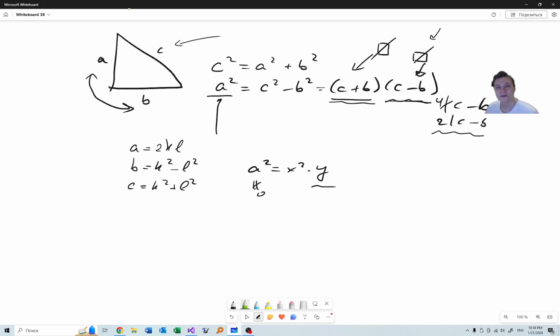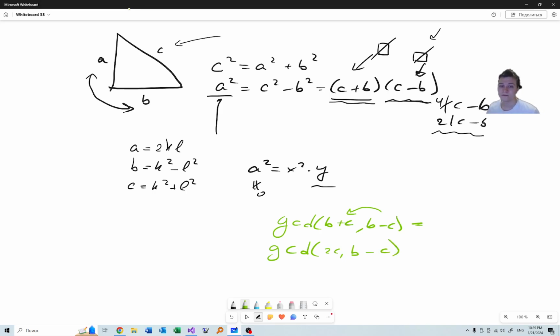However, you also know the GCD of b plus c and b minus c. Let's subtract like this, we get GCD of 2c and b minus c.